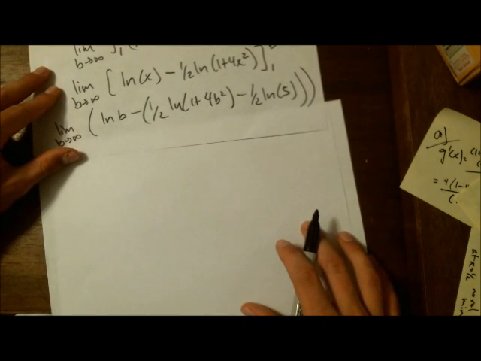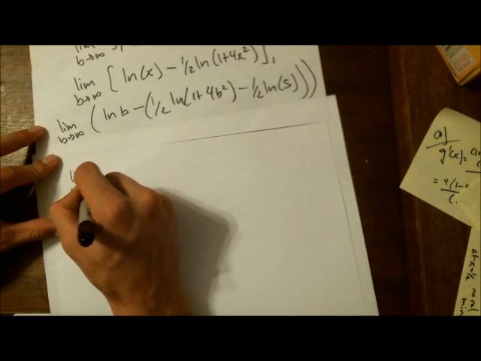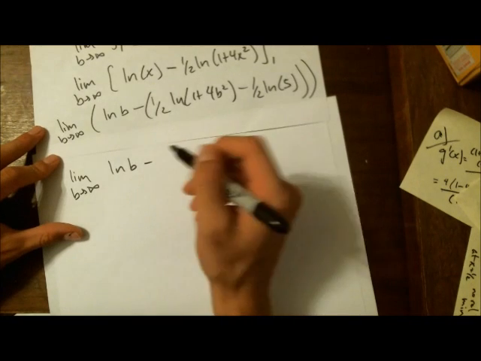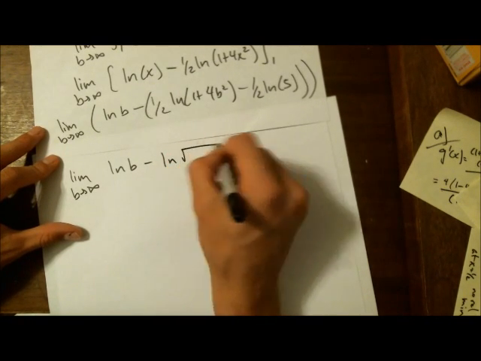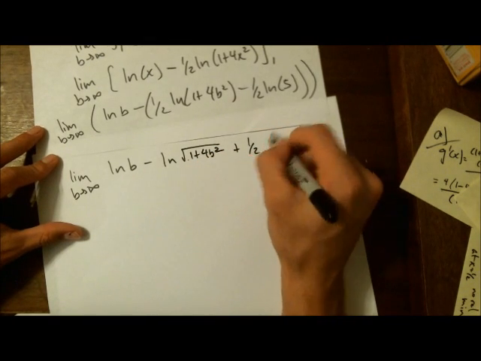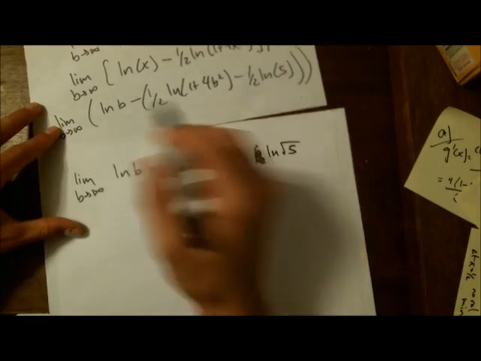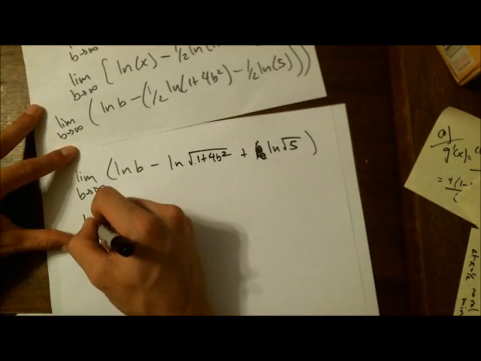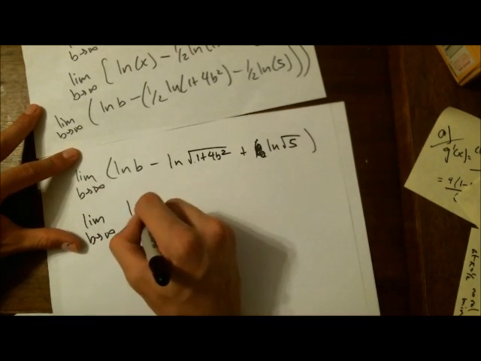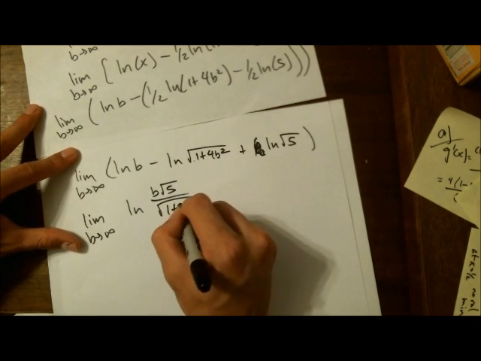It's actually a tricky simplification in that I would never have guessed how to do it without a lot of thought. We can simplify this down, first of all, to this, which then, using the simplification rules for natural logs, becomes the natural log of b root 5 over root 1 plus 4b squared.